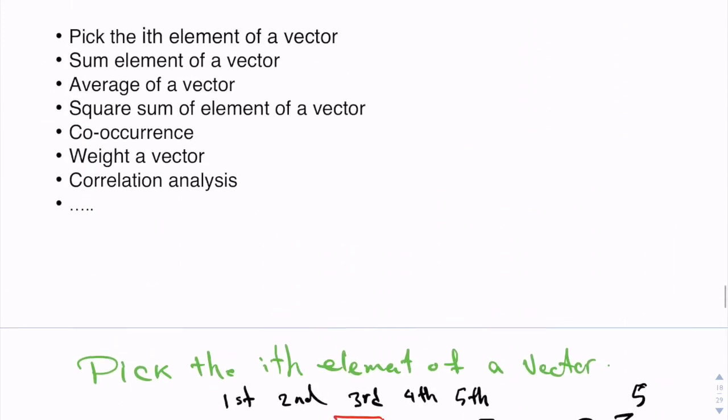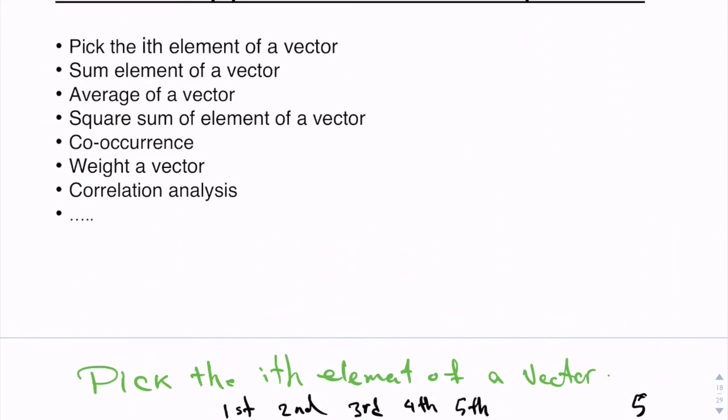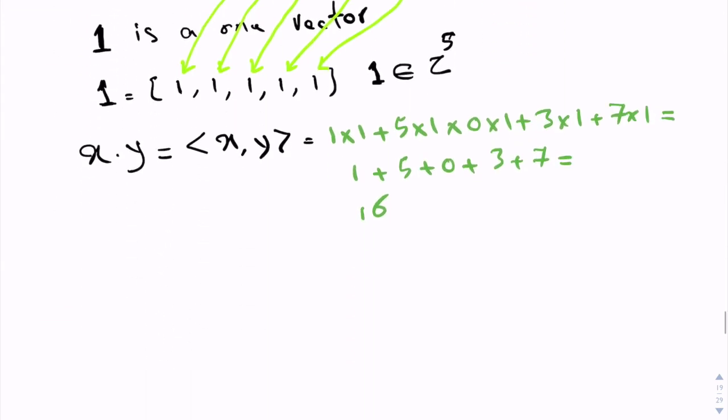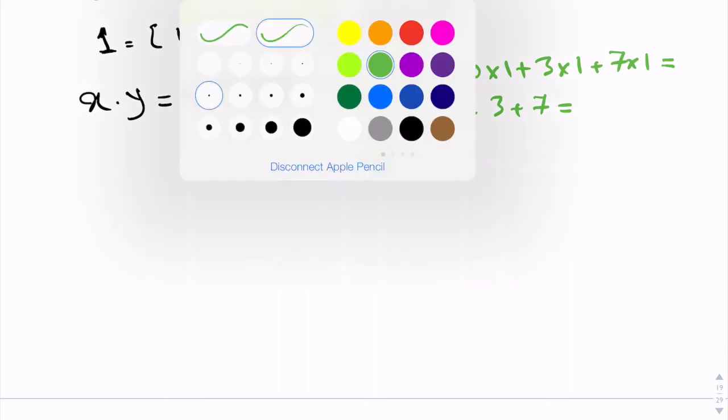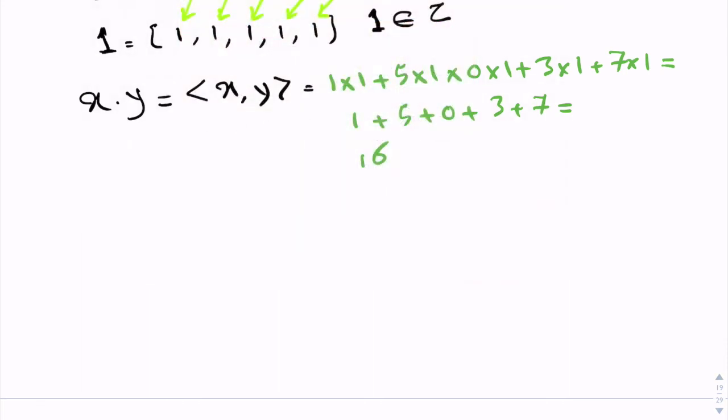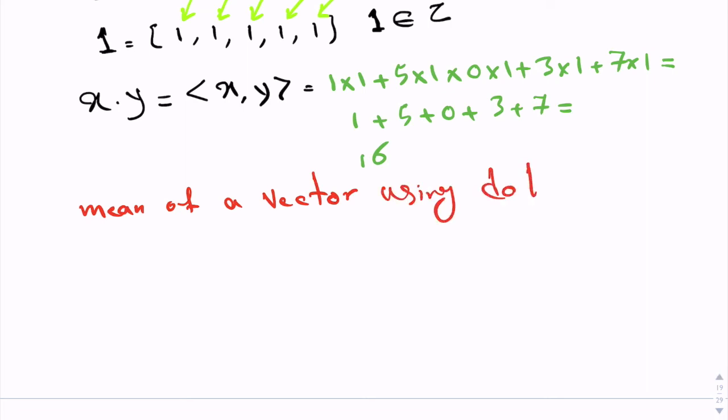The other one is averaging a vector. That should now be clear. So if you want to find the average or mean of a vector using the dot product, how do you do it?